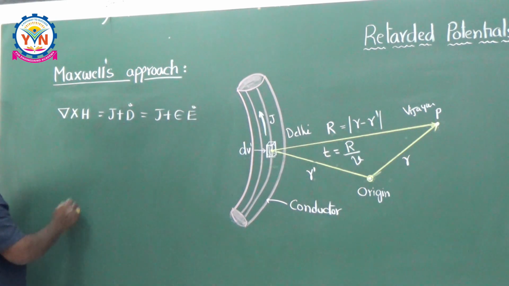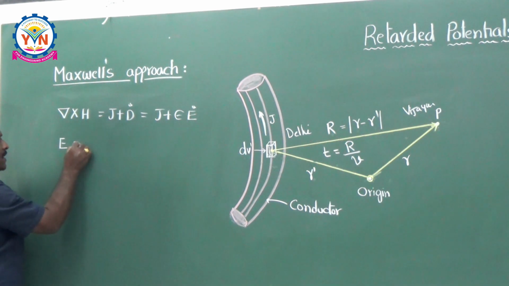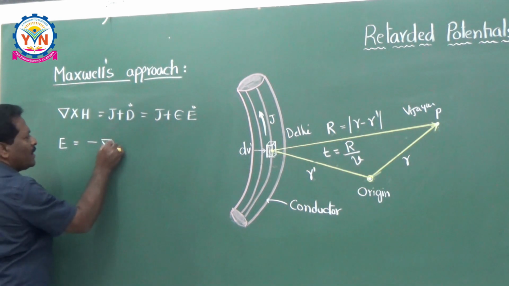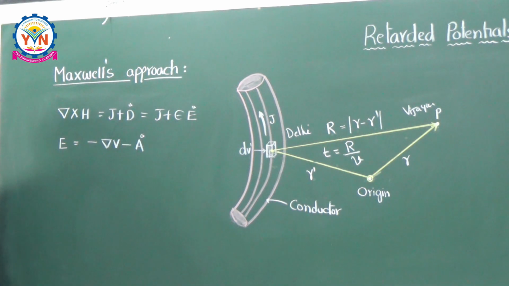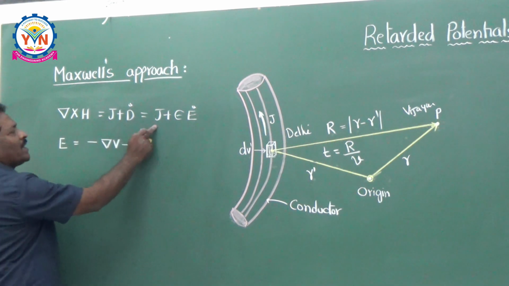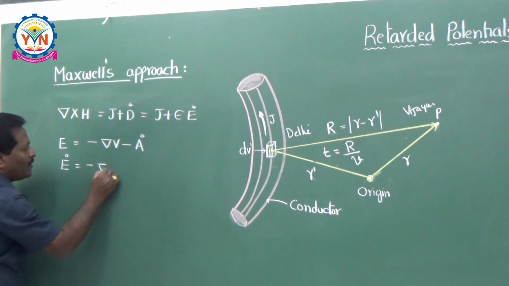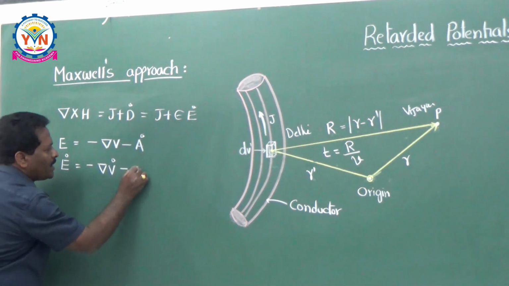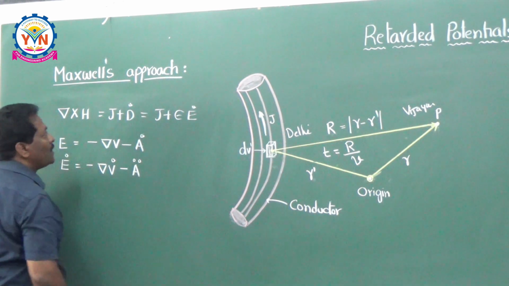Just now we got the electric field E is equal to minus del V minus A dot. Now in this equation I want E dot. E dot is equal to minus del V dot minus A double dot. Just a substitution.